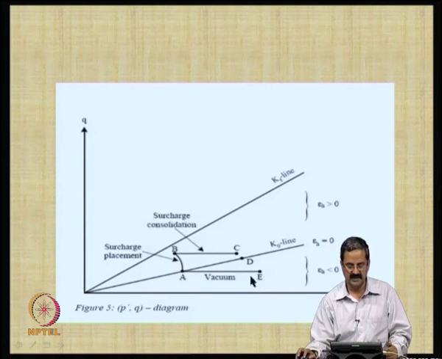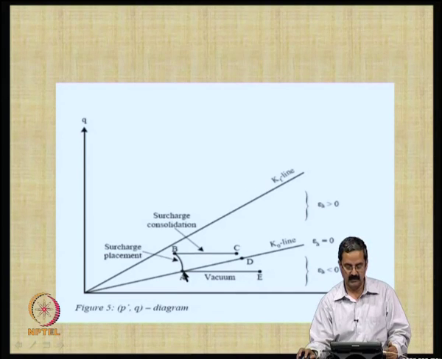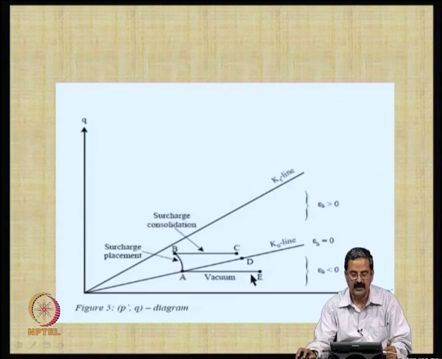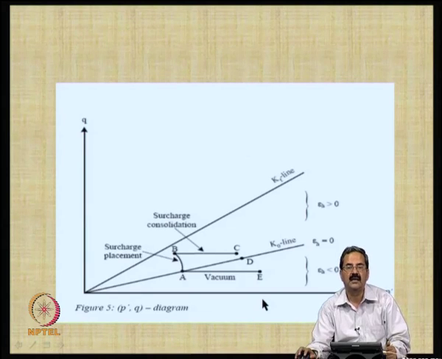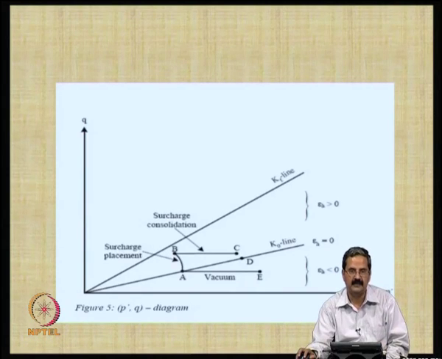So, you can see that here, because of the vacuum, at the same effective stress you applied vacuum, and it results in this QP plot like this, but the effective stress is increased, right, because you have to add that u_a component.